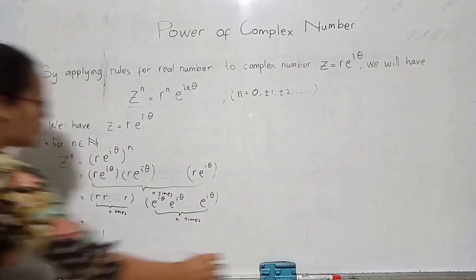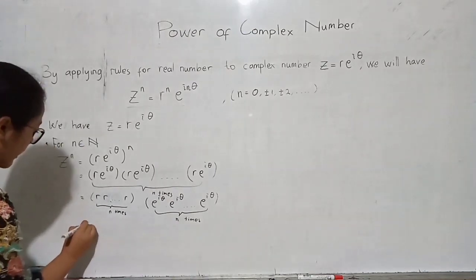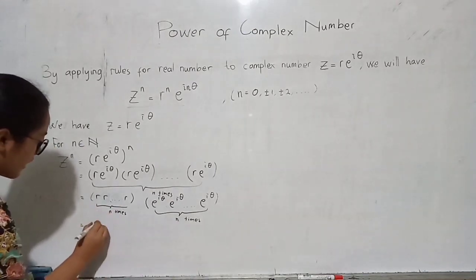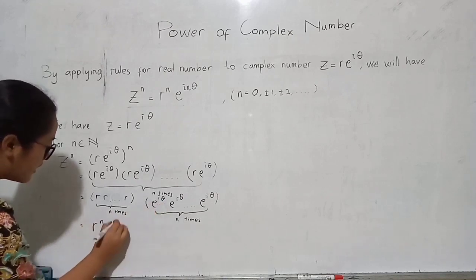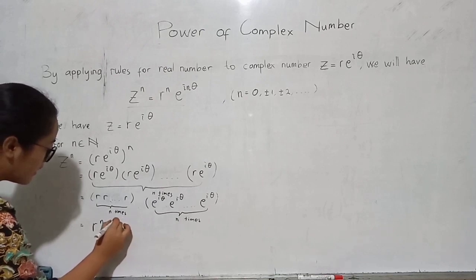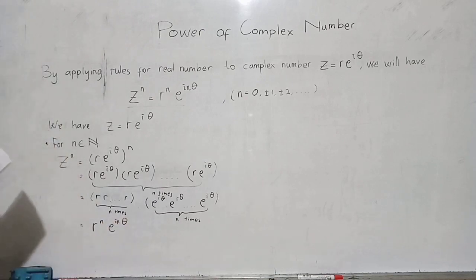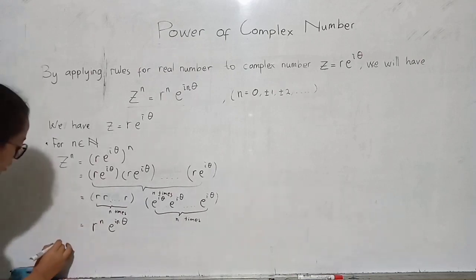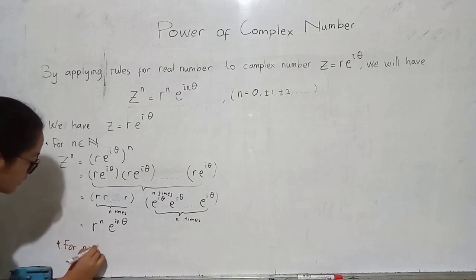After that, we operate this as usual, and we will get r power n times exponential i n theta. And this formula also holds for n equal 0.